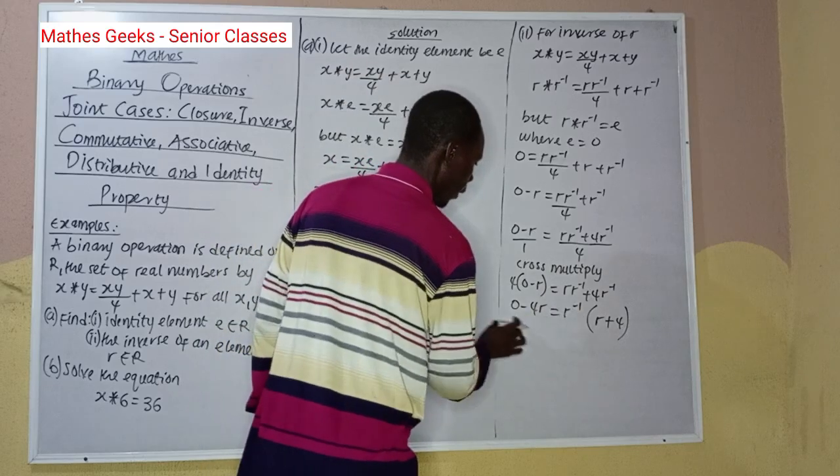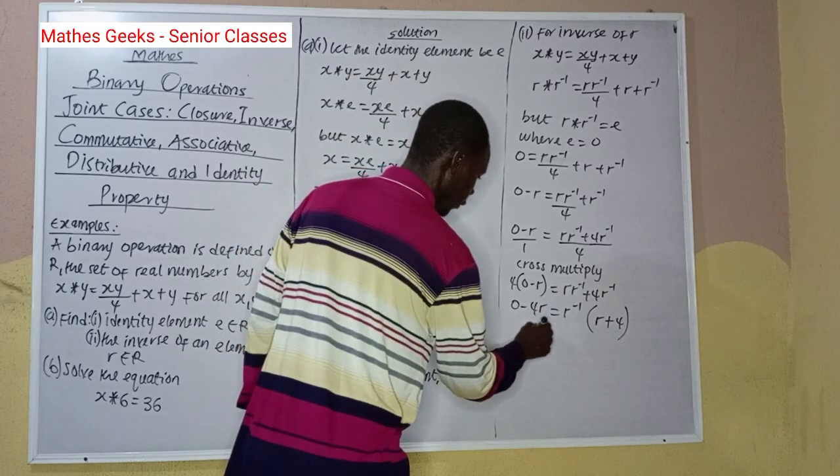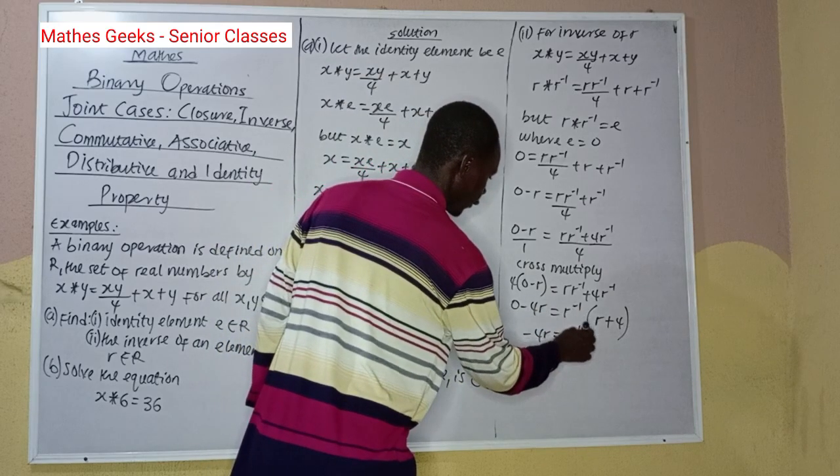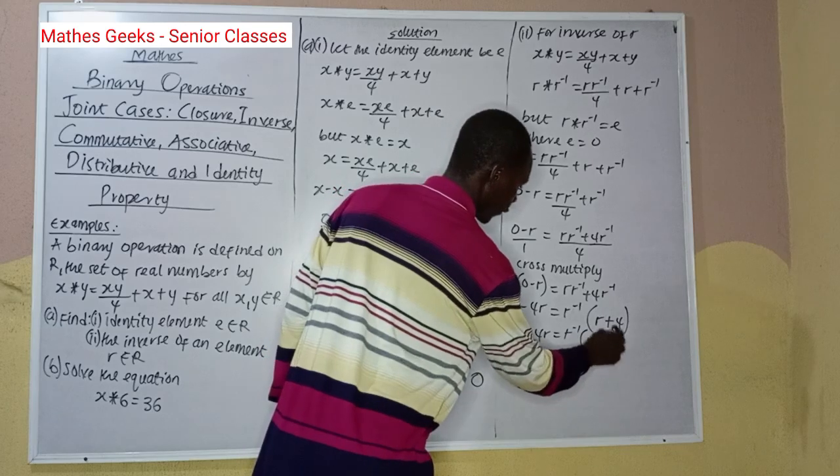Okay, so now we have minus 4r is equal to r inverse times (r plus 4).